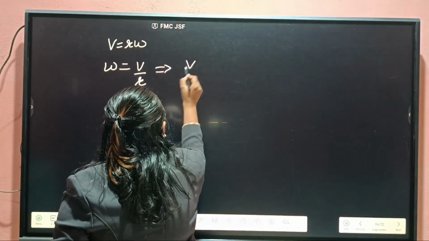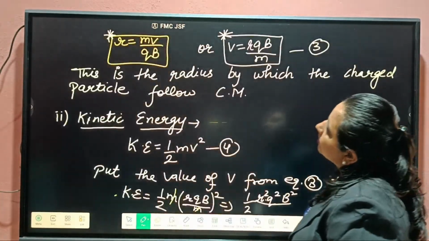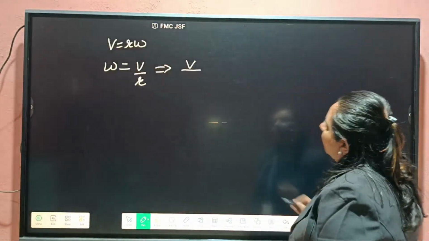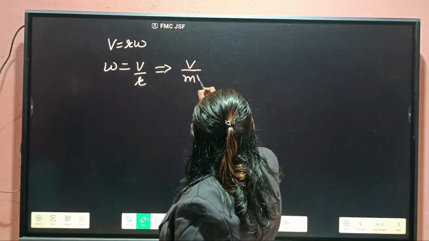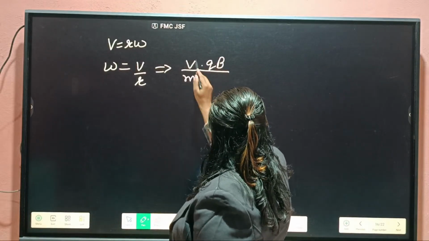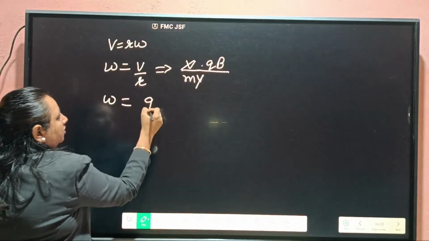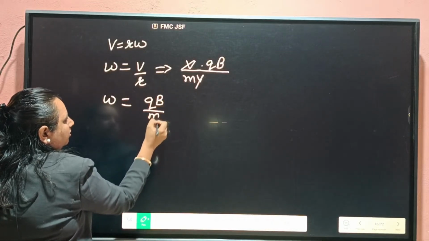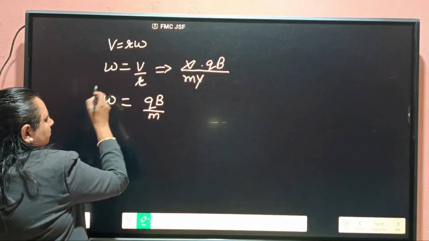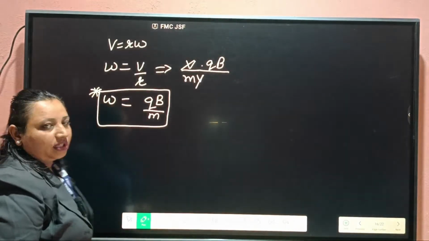If we put the value of R, what is the formula for R? mv over qB. So V over R becomes V over mv over qB, and V will be cancelled out with V. So what is the formula for omega? QB over M. This is the formula to find the angular velocity.